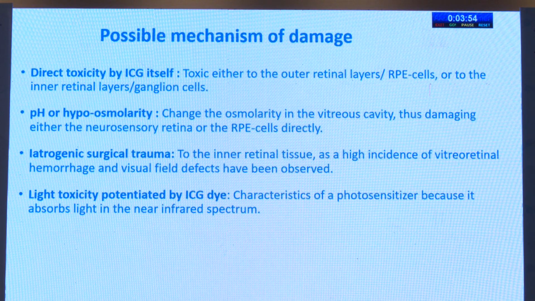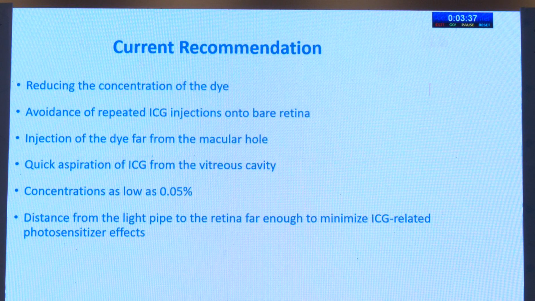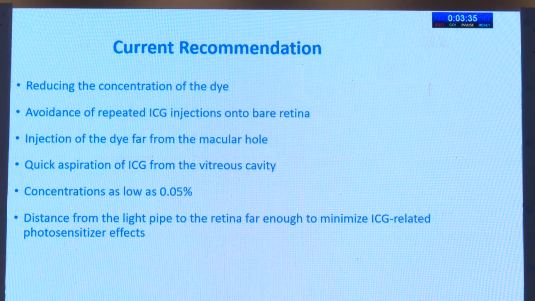Basically the direct toxicity of ICG is mainly related to pH, iatrogenic surgical trauma, or the light toxicity potential of the ICG dye. The current recommendation is to reduce the concentration of the dye, avoid repeated ICG injection into the bare area, and inject the dye far away from the macular hole. It should be quickly aspirated from the vitreous cavity, and you should use a low concentration of the dye.